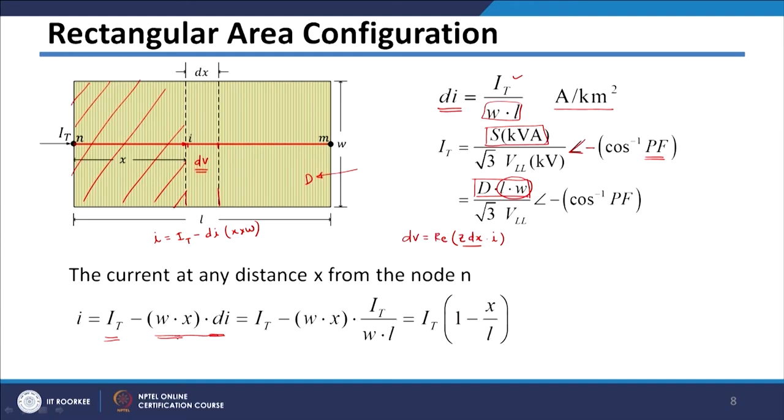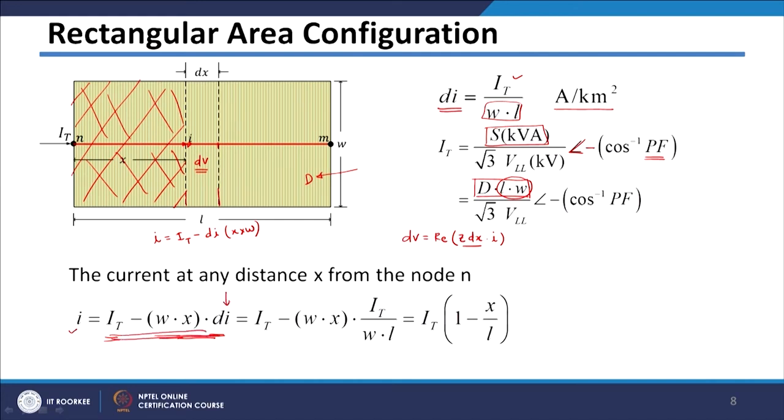This much current will get served in the area before this strip. The remaining current will enter this strip, and that current is I, given by this expression here.